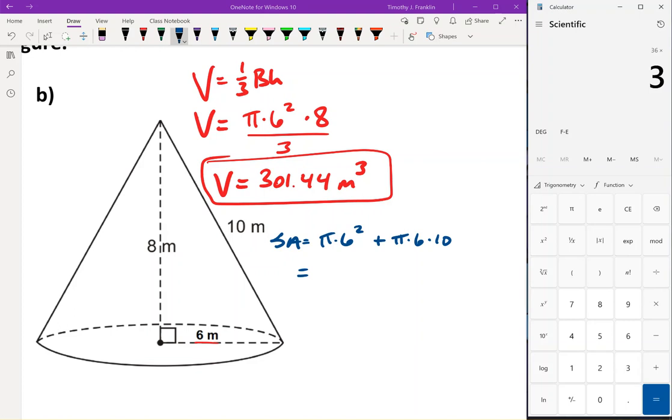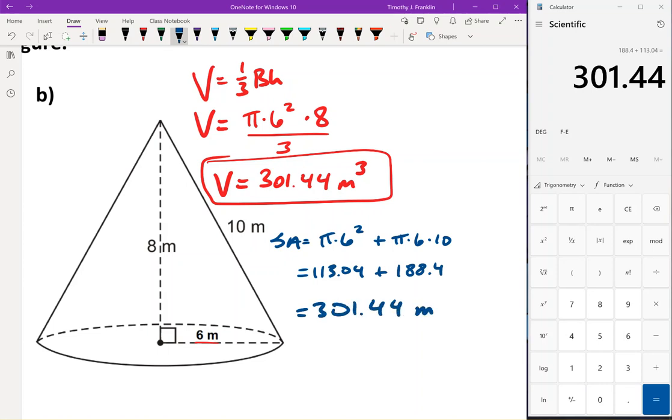So 6 squared times pi is 113.04. We're going to add to that pi times 6 times 10, which is 188.4, for a total of 301.44 meters squared.